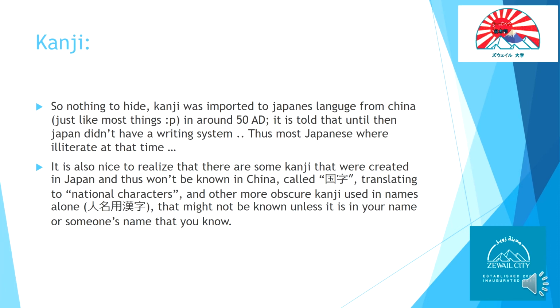It's also nice to realize that there are some kanjis that were created in Japan, so Chinese people won't understand them, and they're called kokuji, translated as national characters. And there are also some obscure kanjis used in names alone that are called jinmeiyo kanji, that might not be known to either Japanese or Chinese people, and this one is a hard point unless it's in your name or someone's name that you know.